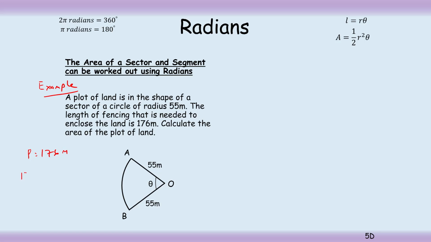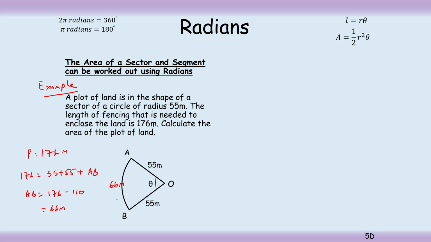That means 176 is equal to 55 plus 55 plus AB. So AB is going to be equal to 176 minus 110, which is 66 meters. So that's our arc there, 66 meters.